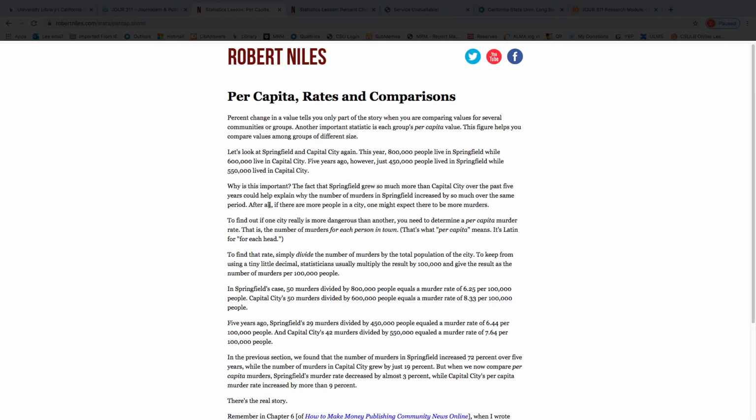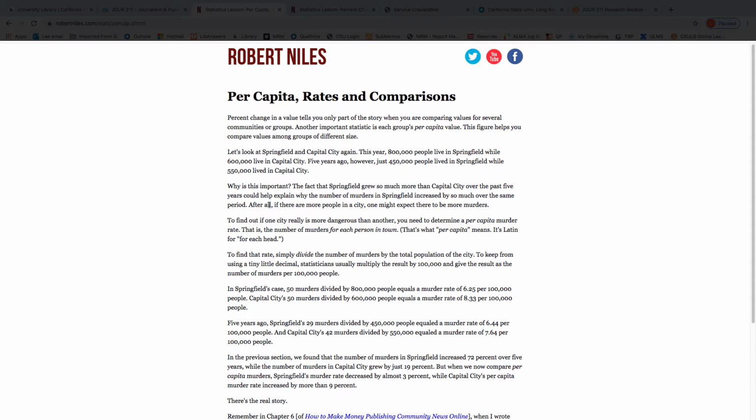If I want to compare the number of murders in Orange County to the number of murders in Los Angeles County, and I found that there were 50 murders in the last 6 months in Orange County and 50 murders in the same period of time in Los Angeles County, which county would you say has the greater problem with murder? Well, it would be Orange County, because there are so many fewer people in Orange County.